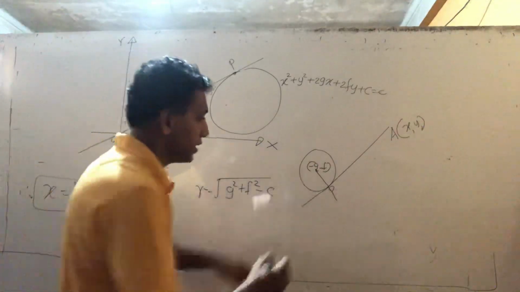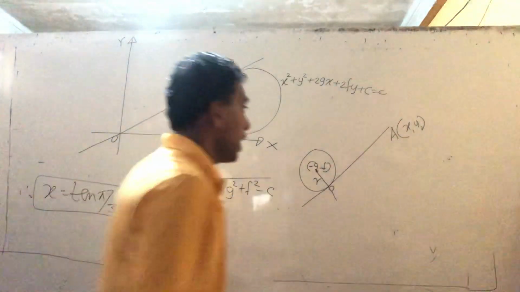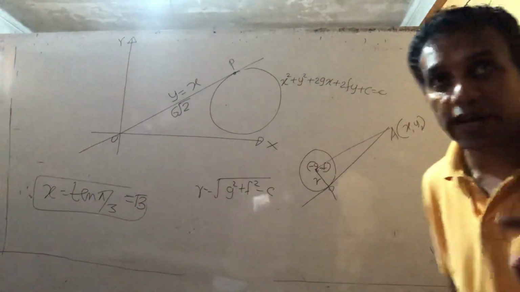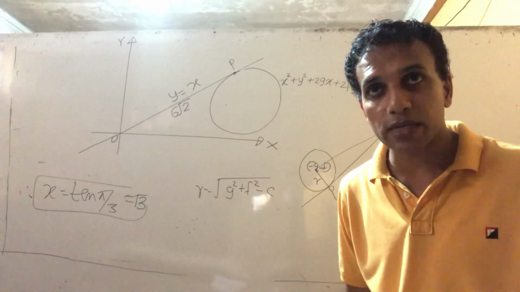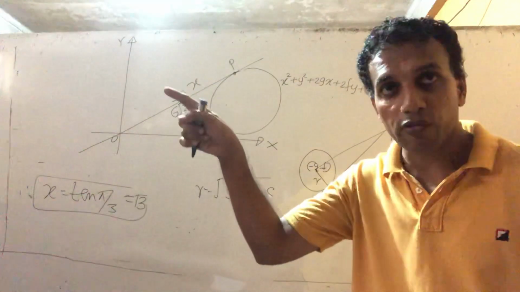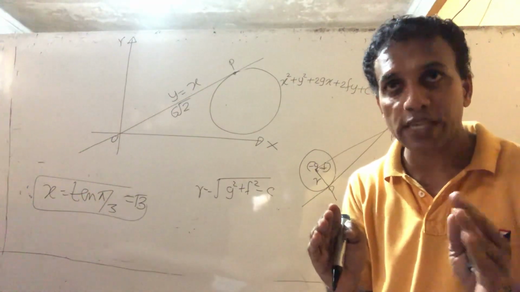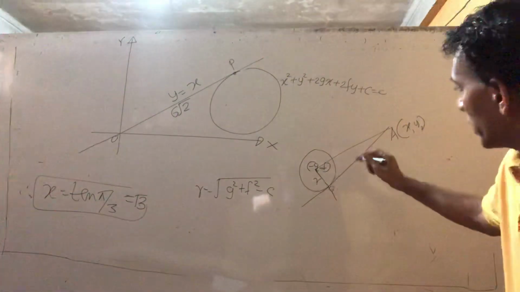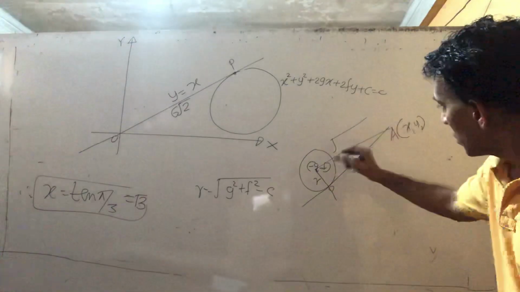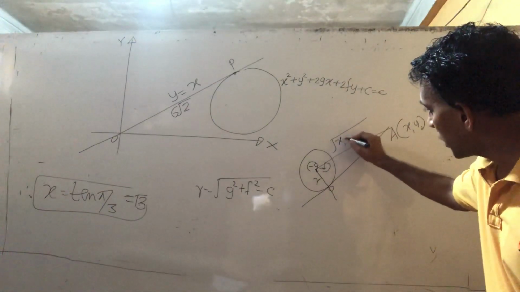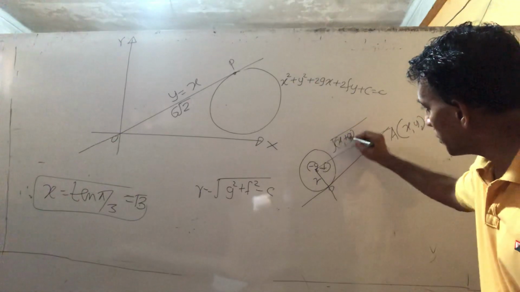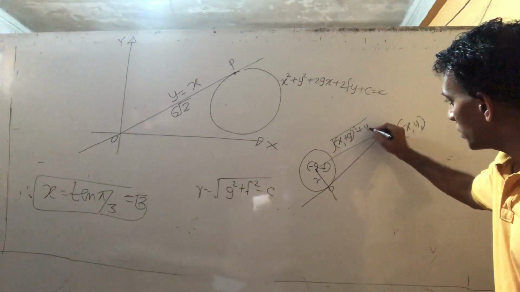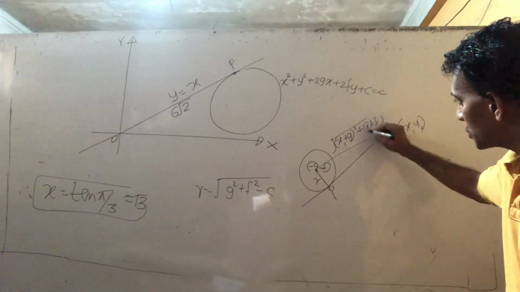You know this radius r, and you can find this length using the distance formula: square root of the difference between the x coordinates squared plus the difference between the y coordinates squared, that is x1 plus g all squared plus y1 plus f all squared.